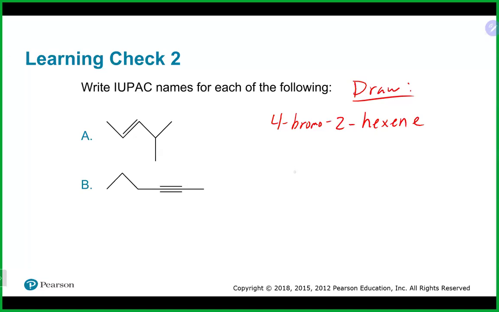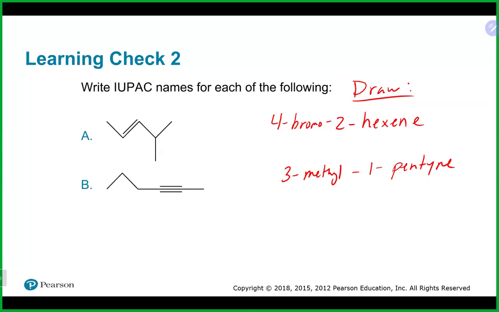Why don't you also draw 3-methyl-1-pentyne. Hope for the best.